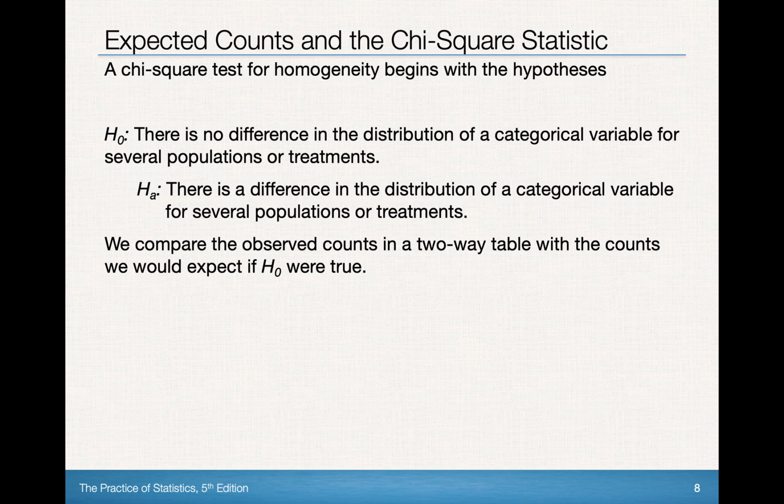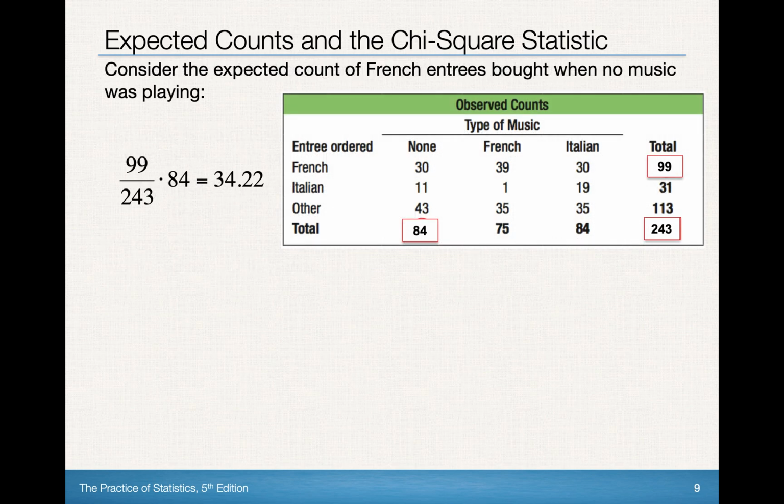The alternative hypothesis is that there is a difference. Notice that the alternative is not talking about a specific category that's different. It's just saying in general there is a difference in the distribution of a categorical variable for several populations or treatments. So in our case there is a difference in the distribution of entree chosen in the music that's being played.